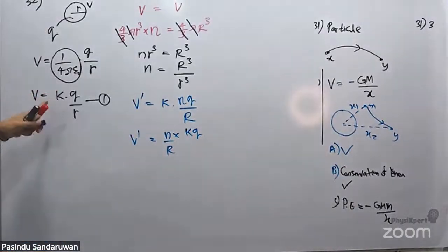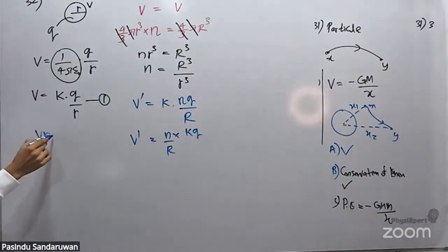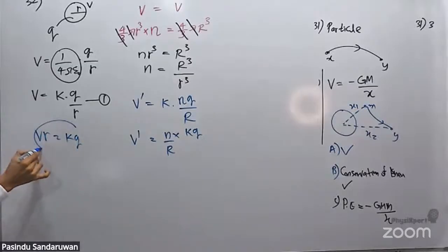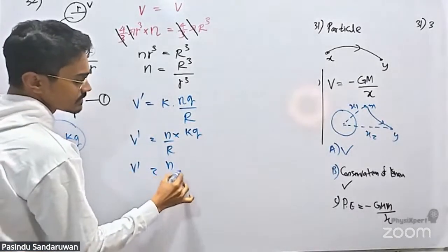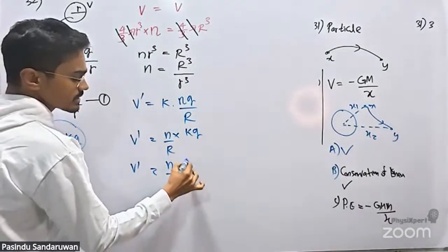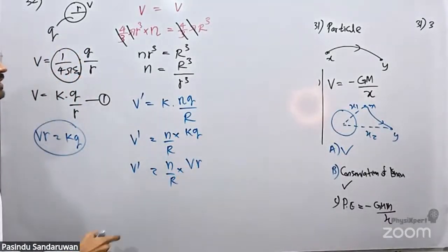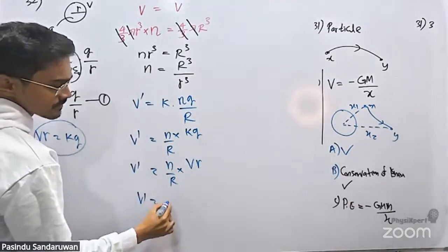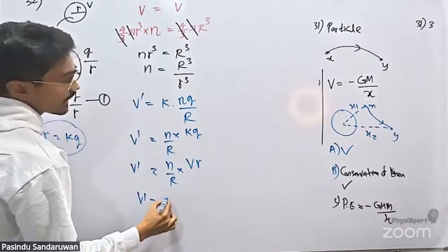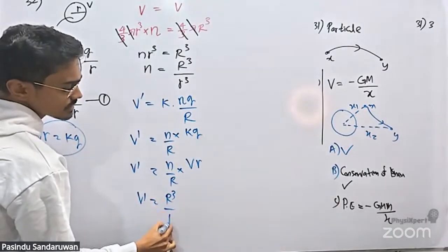KQ is V small r, from equation 1: V r equals KQ. Then V dash equals n over R times V r. n is not given, so we substitute n equals capital R cube over small r cube.